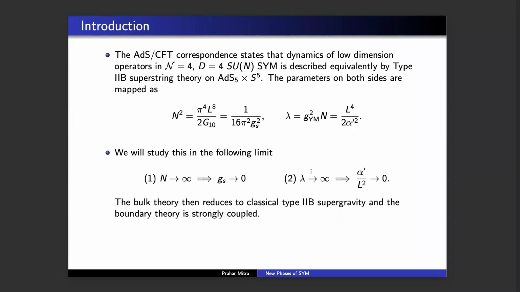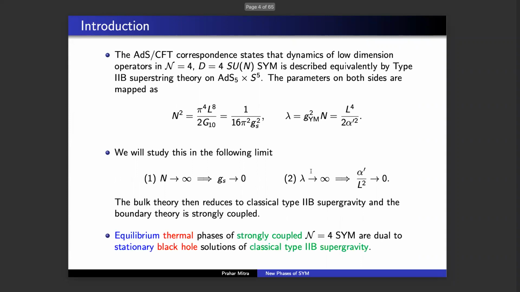the bulk theory, the dual gravitational theory, reduces to a very simple theory, which is simply classical type 2B supergravity with no alpha prime corrections. And of course, in this limit, because the effective coupling of the theory is lambda, and I'm taking lambda to infinity, the boundary theory is strongly coupled. The implication of these statements is very simple.